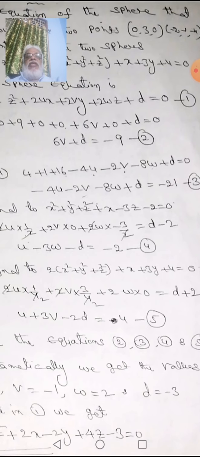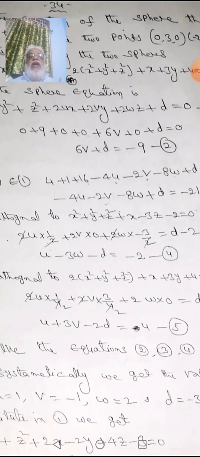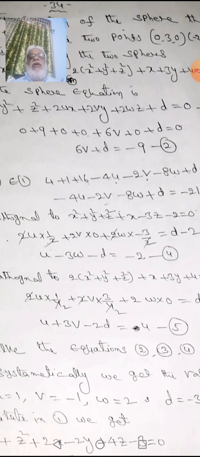Suppose you see here 6v plus d is equal to minus 9. If you solve this equation with the fourth, in the second equation there is v and d, in the fourth equation there is u, w and d. If you cancel d in these two equations, the equation becomes in u, v and w.